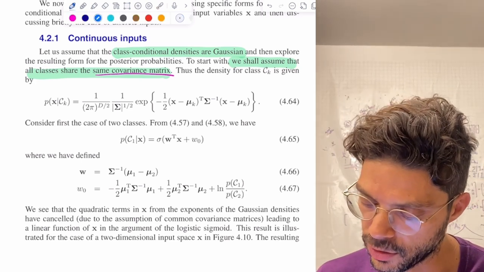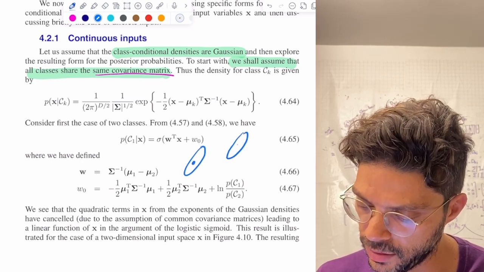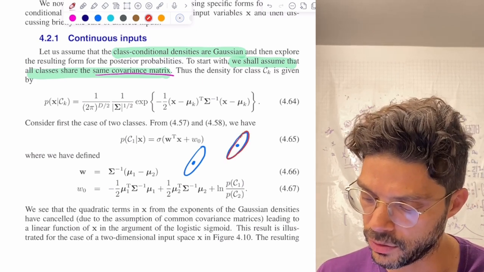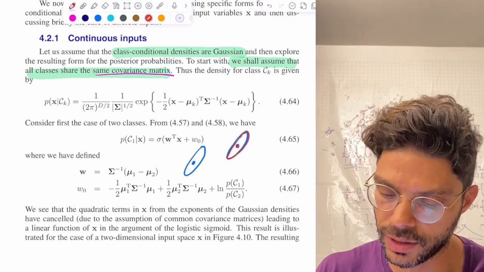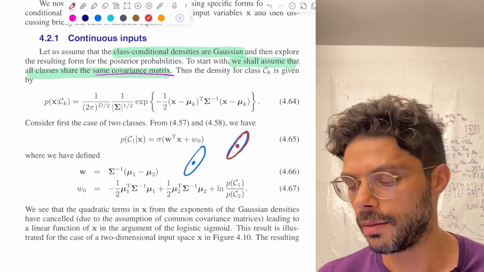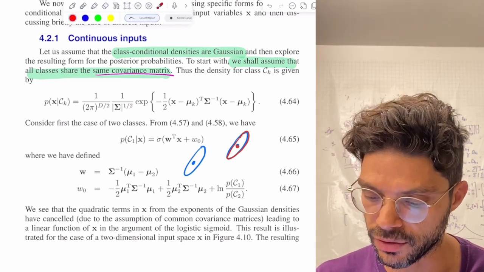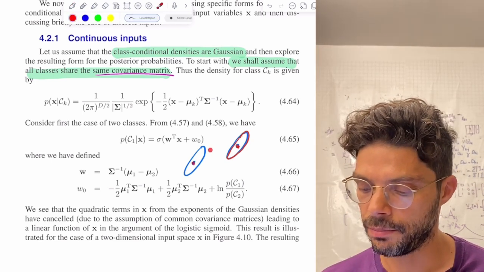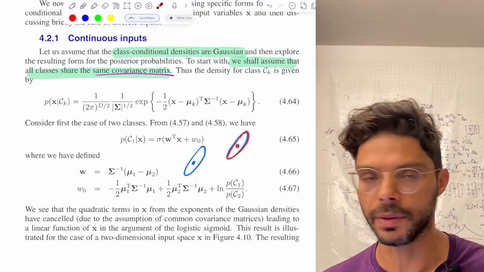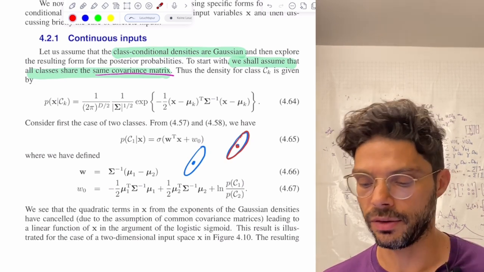It just means that your data all have the same kind of spread. They can have different means, so the centers are in different places, but their spreads have to be the same. This may or may not capture your data, it probably won't. But anyway, this is one way to get these linear decision boundaries.